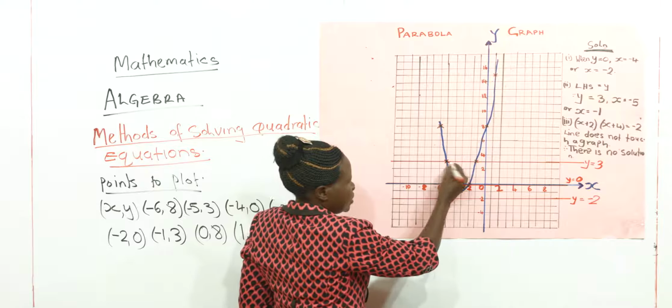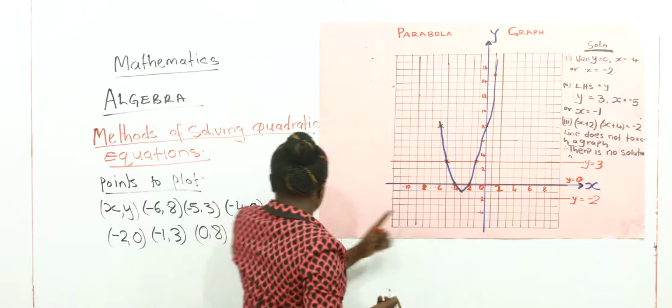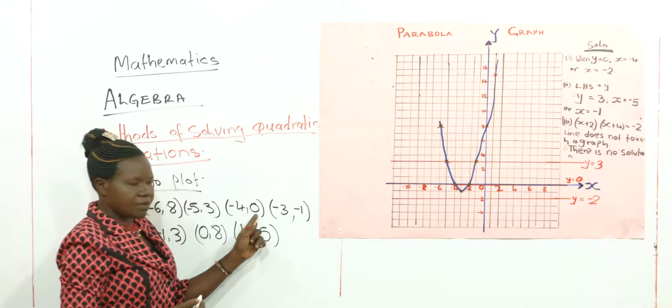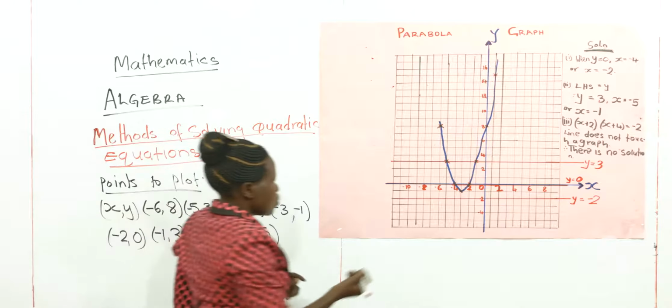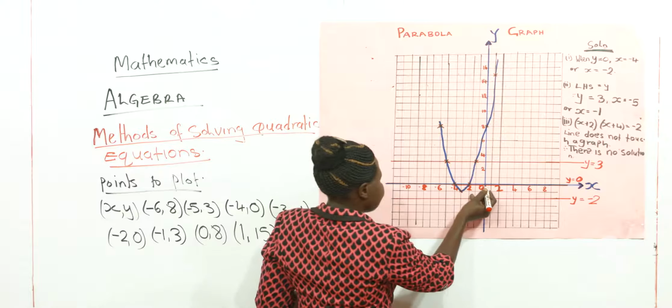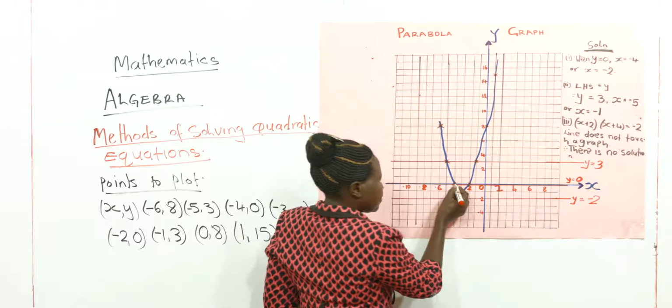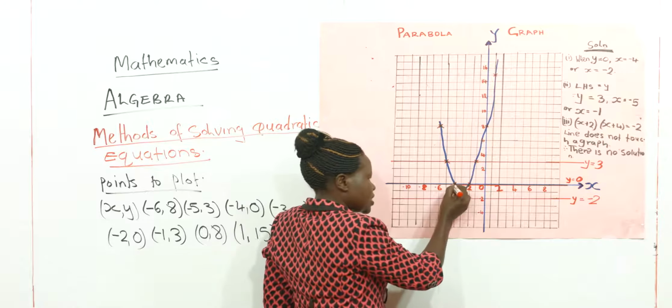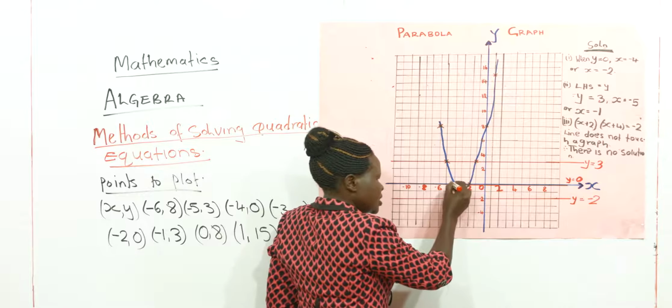Then you plot it. Then the third point is negative 4 and 0. So we come to negative 4 here, and then 0 on the y-axis, so we plot exactly on the line here.